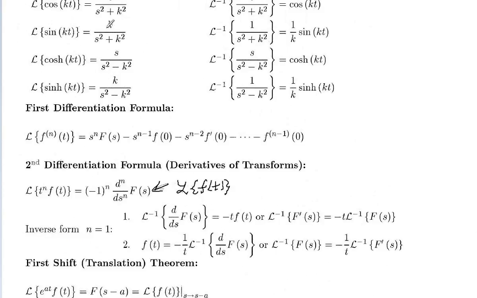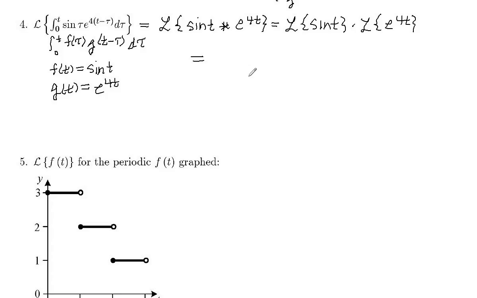So sine kt is k over s squared plus k squared. Our k is 1, so 1 over s squared plus 1 squared is 1, times the transform of e to the 4t, so that's 1 over s minus 4. Okay, and that's fine. Just leave it like that. We don't need to simplify. So that one's done.